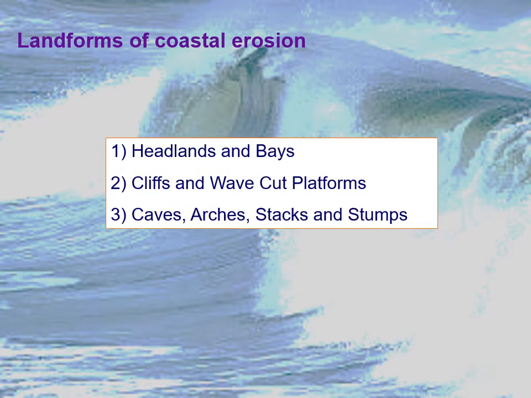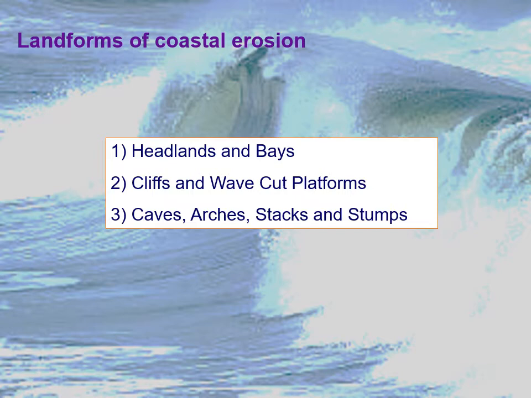Now the landforms mainly found due to coastal erosion in these coastal areas are of three types. The first one is headlands and bays. Second is cliffs and wave-cut platforms. And the third one is caves, arches, stacks, and stumps. Within these three headings there is more than one feature.